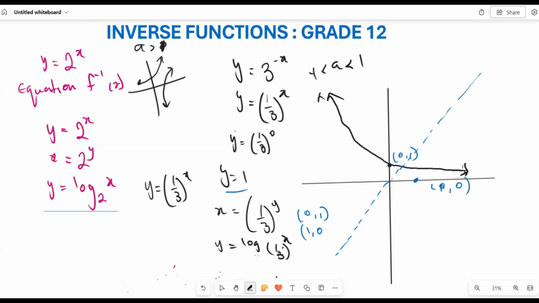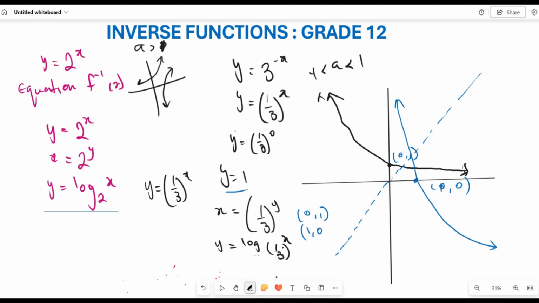Now, how is this function going to look in this particular case? It's going to look something like this. It's going to come here, right? It's going to be something like this. Are we fine? So basically that will be this function.